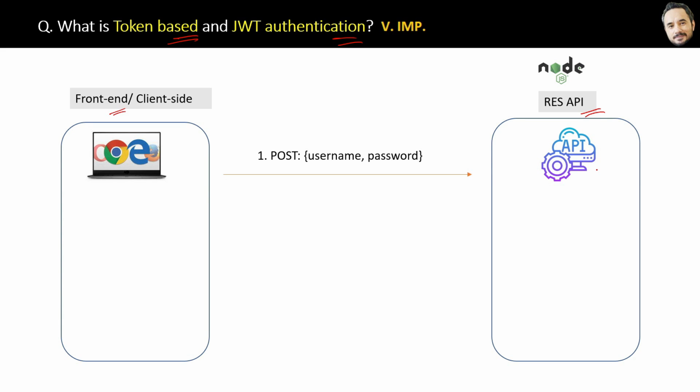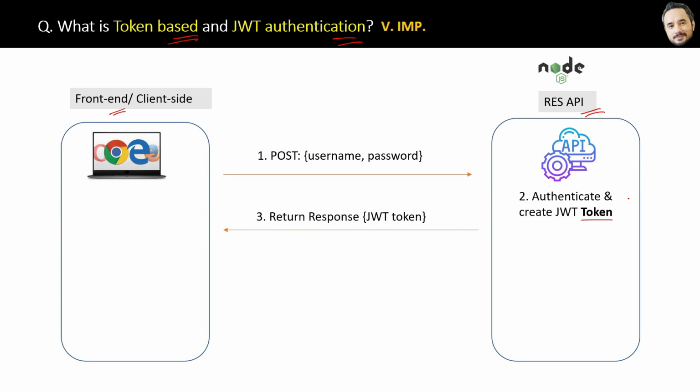Okay. Then, in the second step, the API will receive these credentials, right? And it will authenticate, or you can say validate, those username and password, whether they are valid or not. If credentials are valid, a JWT token will be created and that will be sent back to the client as a response.